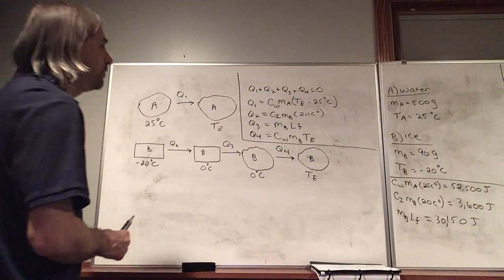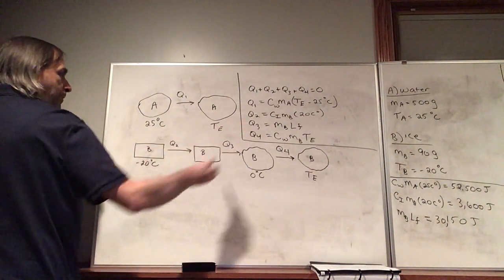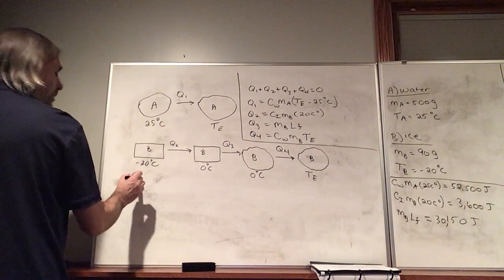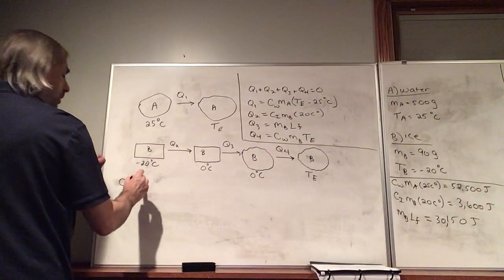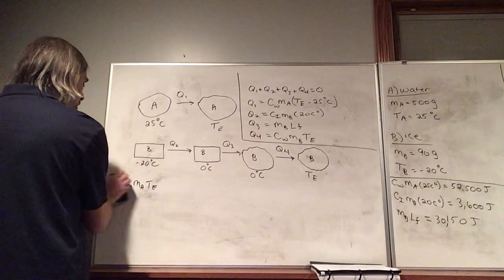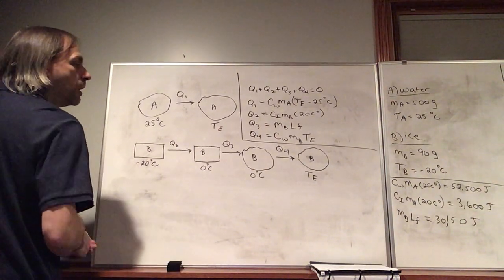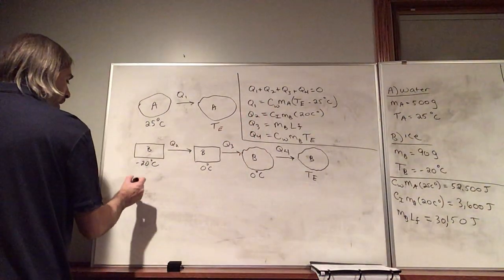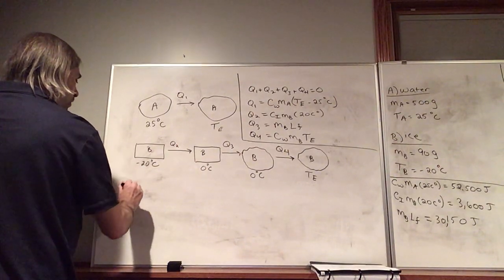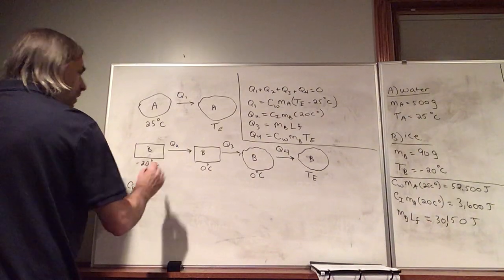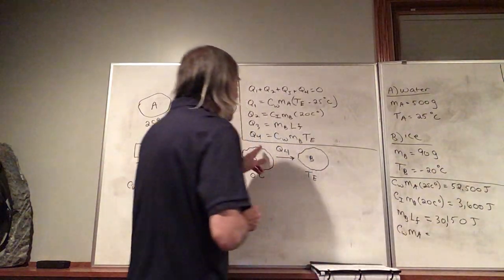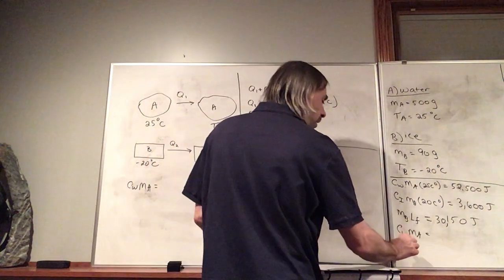So, Q1, I think I'm going to just try to write it out the long way now. We've got a lot of the pieces. There, we've got CW, MA, times TE. Actually, I'm not going to write this out yet. I want to leave this room. I'm going to calculate CW times MA. So I'll write this down here. CW times MA. And I also want to calculate CW times MB.